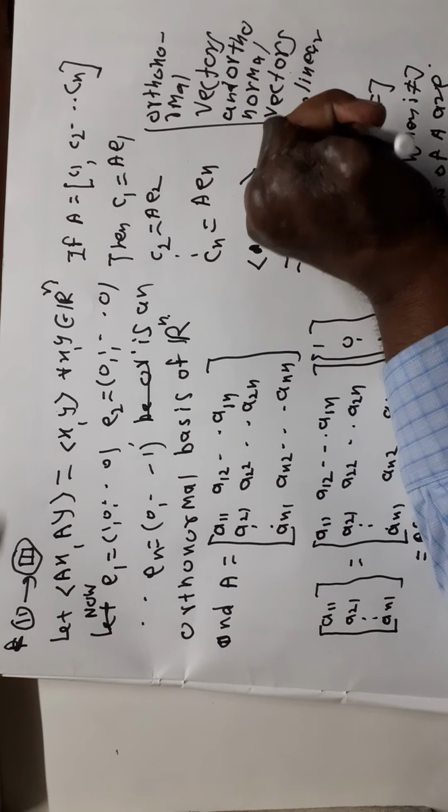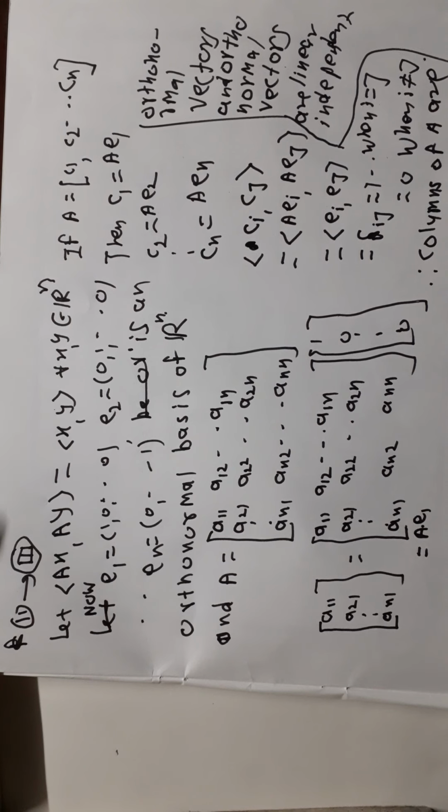C1, C2, ..., Cn are linearly independent and their number is n, and Rn is an n-dimensional vector space. Therefore C1, C2, ..., Cn form an orthonormal basis of Rn. This is a proof of 2 implies 3.